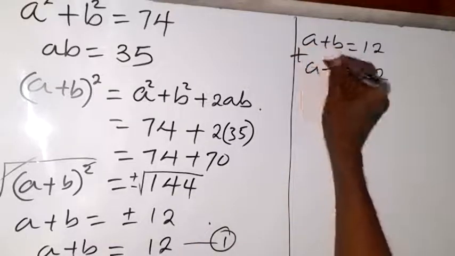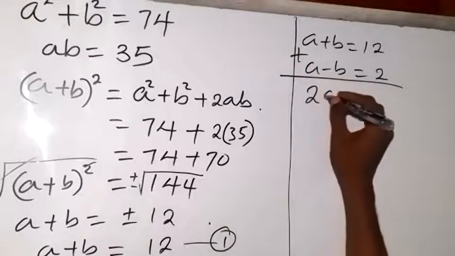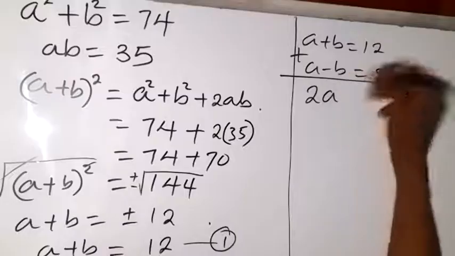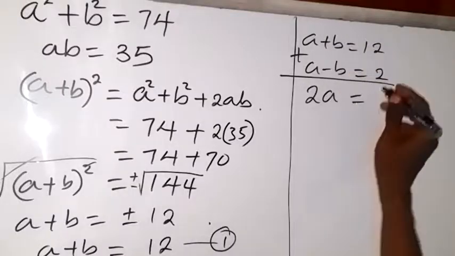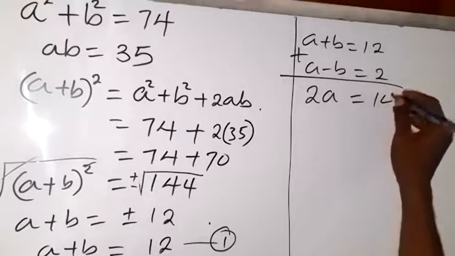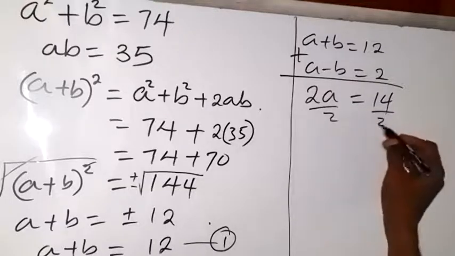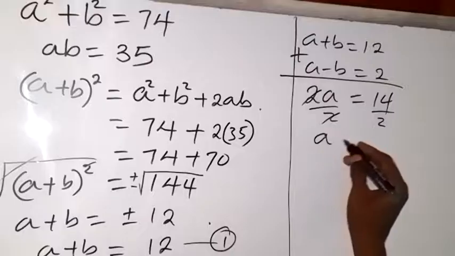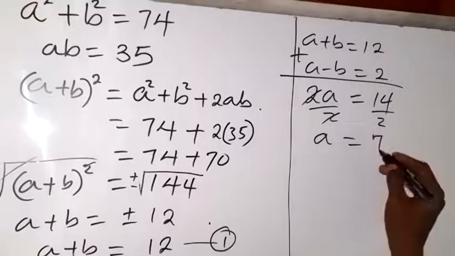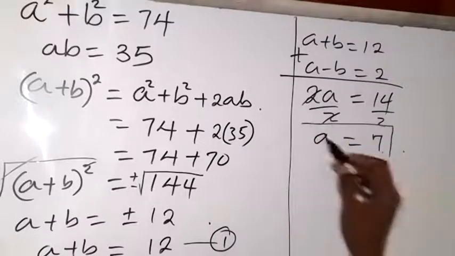When we add, a plus a will give us 2a, and b minus b is 0, then equals 12 plus 2, that's 14. To get a, divide both sides by 2. So a is equal to 7. So this is the value of a.